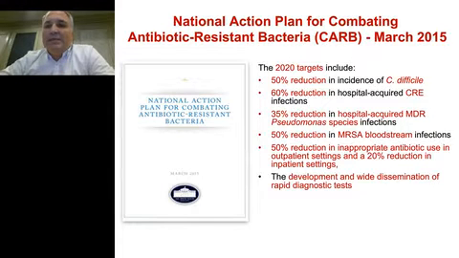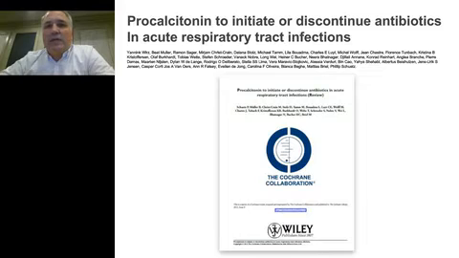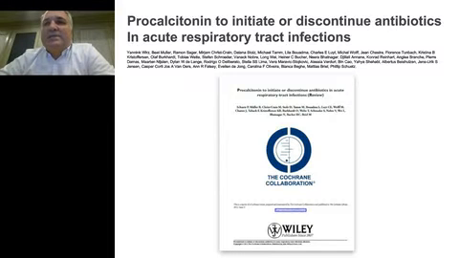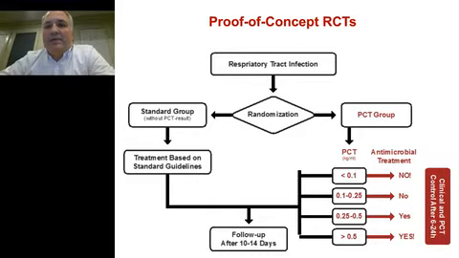So we recently finished a meta-analysis together with the Cochrane collaboration, where we looked at randomized controlled trials that used PCT for antibiotic decision-making. So all these trials had a similar setup. I would like to show you in this graph how these trials were set up. On the left side, you see the control group.